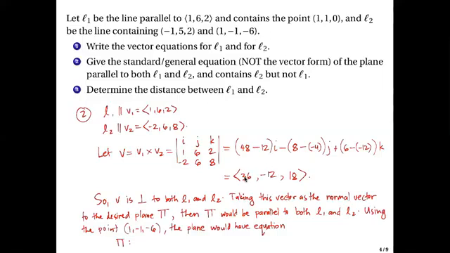We have 36 times x minus 1, then you have the minus 12 here, so minus 12 times y minus negative 1, then plus you have 18 here times z minus negative 6, and this is equal to 0. So this is the standard equation for the plane.